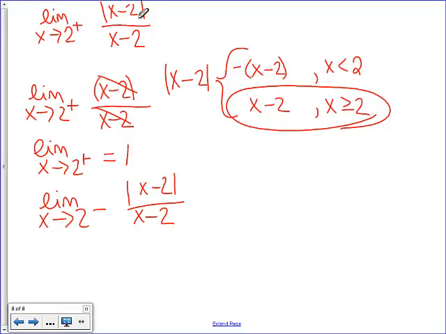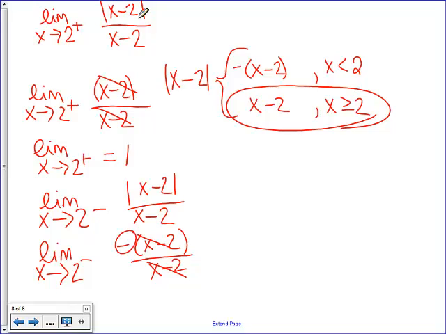So I'm going to stick in, and again, always rewrite my limit, the negative of x minus 2 over x minus 2. Again, my x minus 2's cancel, but I'm still left with that negative sign. Well, those cancel and get me 1, or it's something divided by itself, and that is always 1. So that gets me negative 1 as my limit.